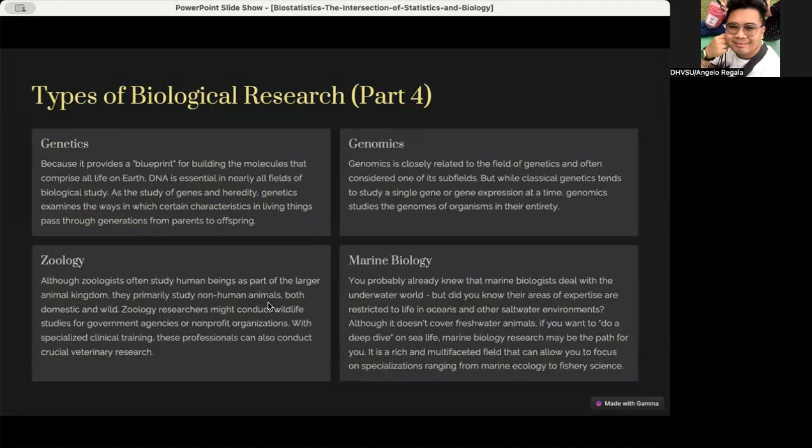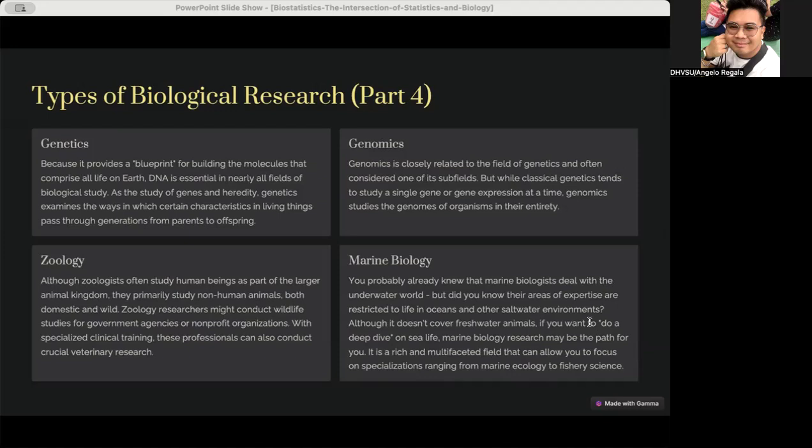In genetics, as we all know, it is the blueprint for any molecules that comprise all life on Earth. In genetics, DNA is one of the essential topics that we deal with. It is the study of genes and heredity.